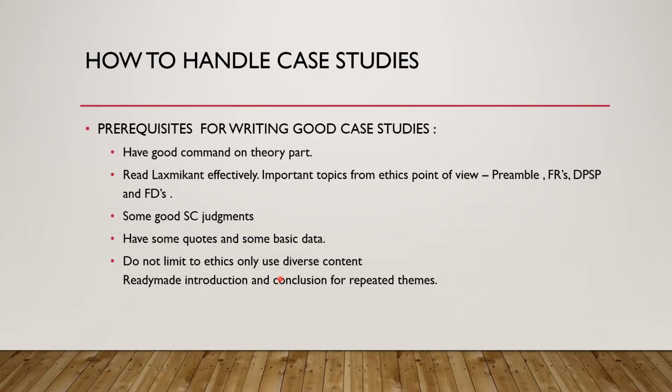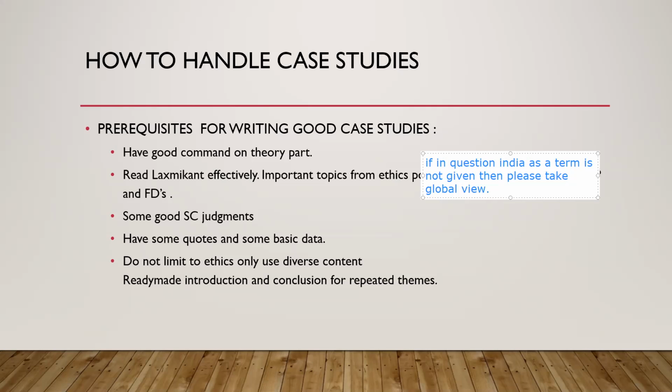The second thing, which I think I have said more than 1000 times till now: if India as a term is not given in the question, then please take a global view, and you can even mention some global example.